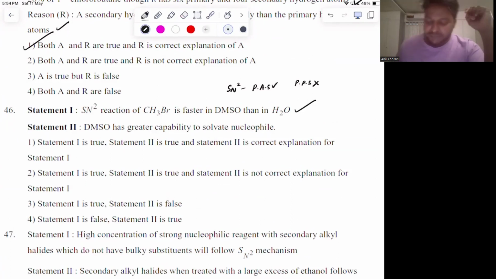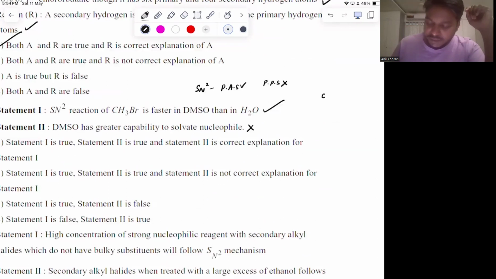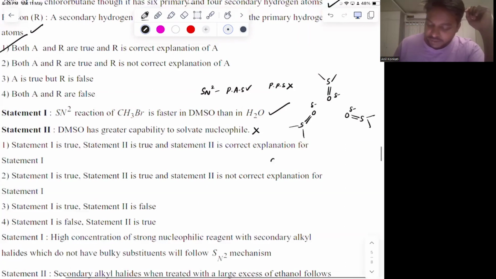DMSO has greater capability to solvate nucleophile. Incorrect, because DMSO is like this: O double bond S, and this one. This is O double bond S, and like this. O double bond S, and like this. So each will have delta negative on oxygen. Suppose my nucleophile is CH3O minus Na plus. It is the Na plus which is getting solvated.